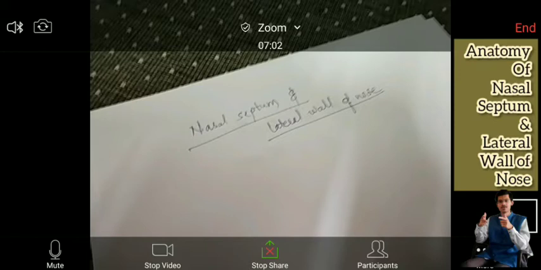We will share the photograph. That will be easier. Some background voice is coming. Just a second. Okay. What I will do, I will share the diagram with you. Just a minute. One technical difficulty. 1 minute. Okay. So can you see this diagram? Are you able to see this diagram?